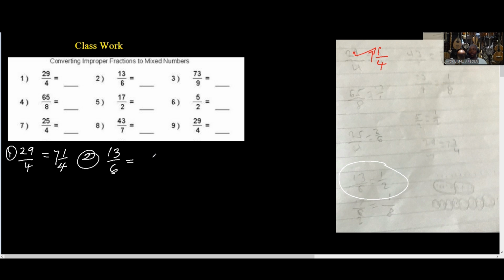So how many 6s in 13? That's 2, right? Because 6 times 2 is 12. So it remains 1 over 6. Is that clear?